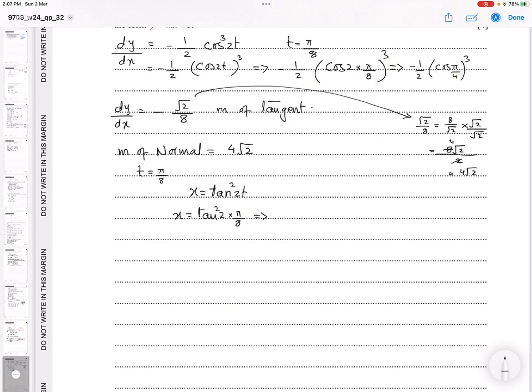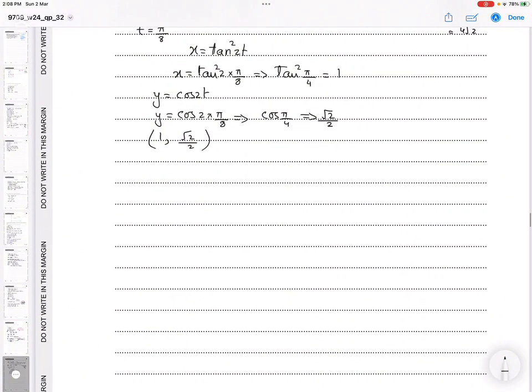This is tan square pi by 4, which is equal to 1. And y is equal to cos of 2t, so y is equal to cos of 2 into pi by 8. This is cos pi by 4, and this gives you root 2 over 2. So your point would be 1 comma root 2 over 2.